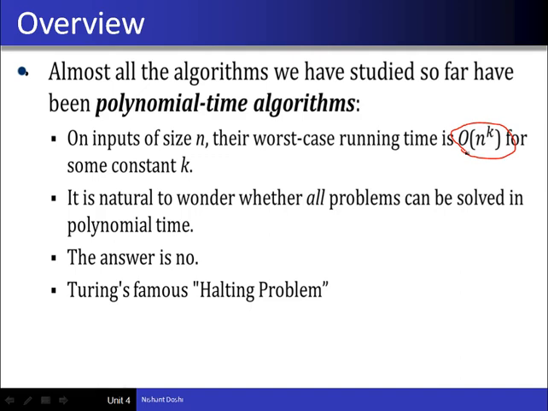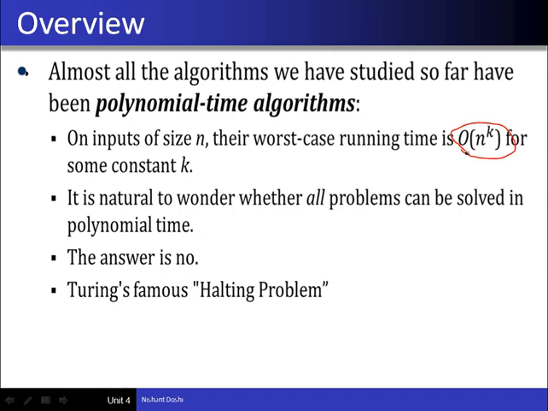Now the next question is, are all the problems in this world polynomial time algorithms? Well, the answer is no, because there is a set of problems that is not yet solved in time n raised to k. One of them is the famous problem by Alan Turing, the halting problem.